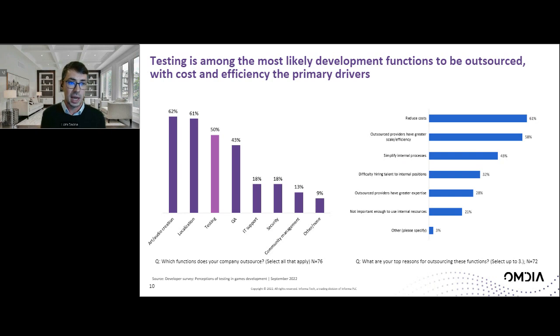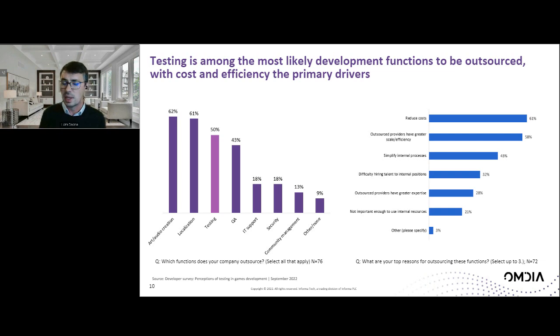So we asked how likely developers were to outsource different kinds of functions. And we can see on the left here, audio and art creation and localization at the top of the list of the functions most likely to be outsourced. And testing and QA quite high up there as well. Also popular targets for outsourcing.